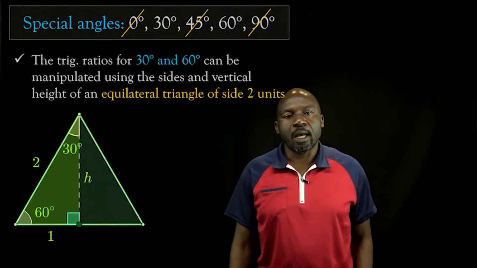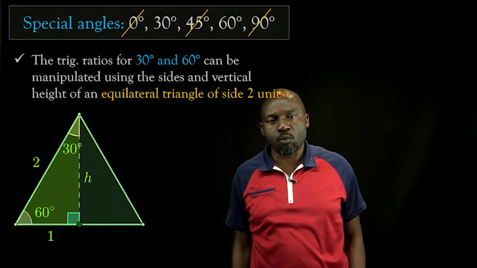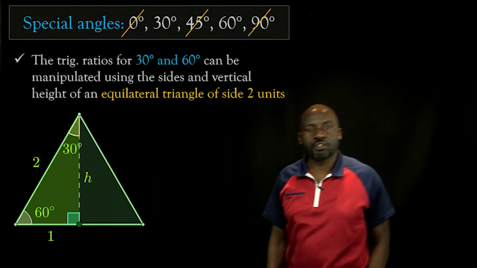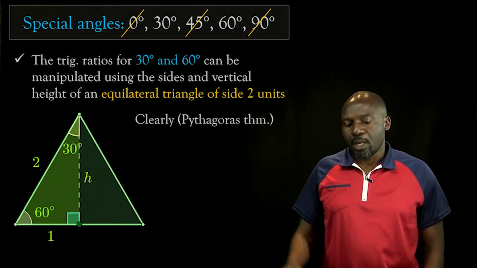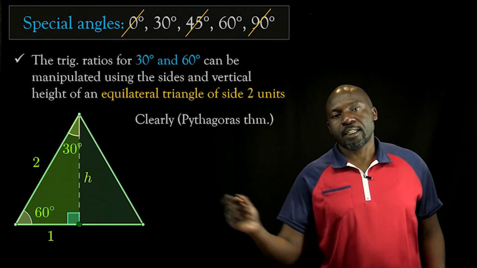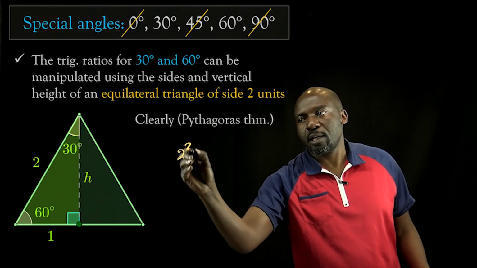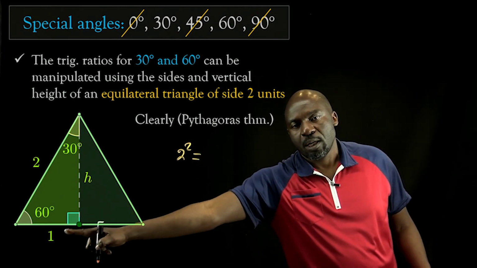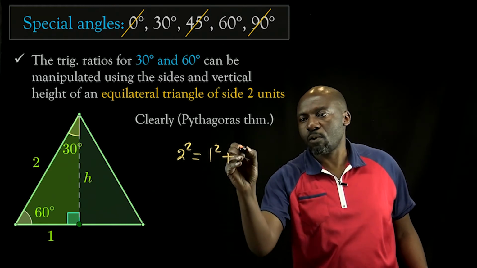Let the height there be h, and let's calculate the value of h. Using Pythagoras' theorem one more time, we will find that the hypotenuse squared, that is 2 squared, must be equal to the adjacent squared, 1 squared, plus the height squared, h squared.